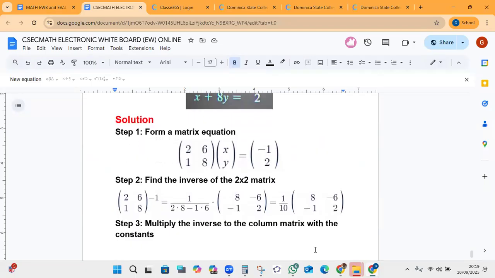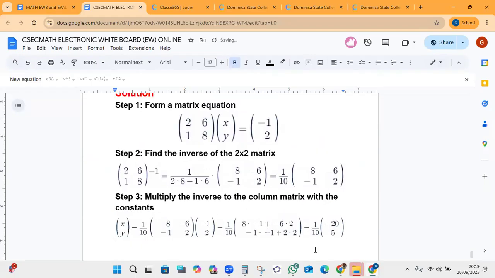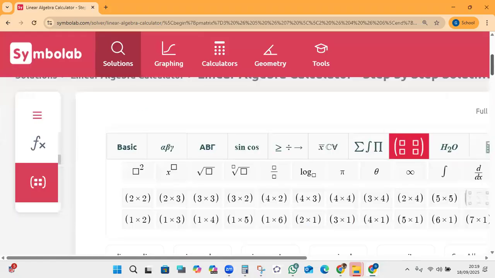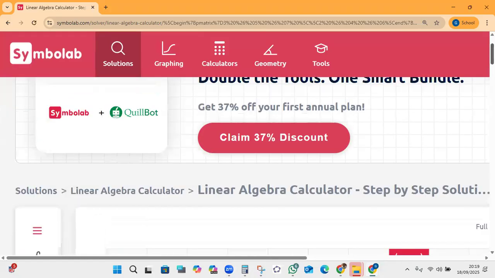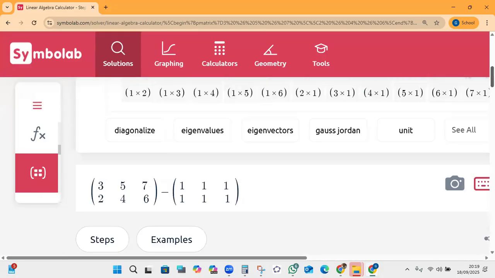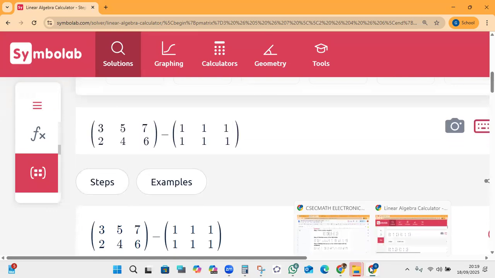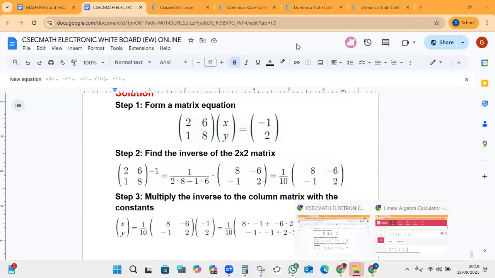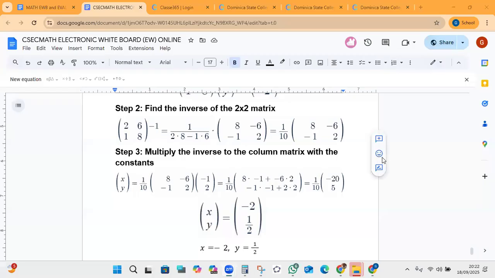So all of this is multiplying by the inverse. We're going to finally divide by 10. So we resume by multiplying -20 and 5 by 1/10.